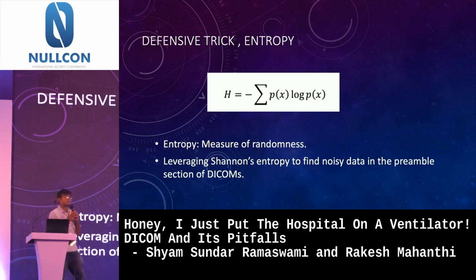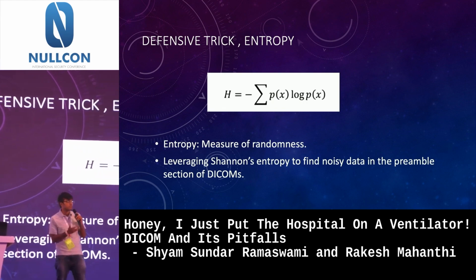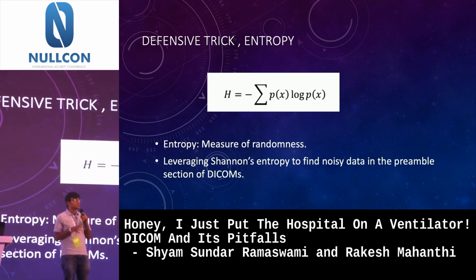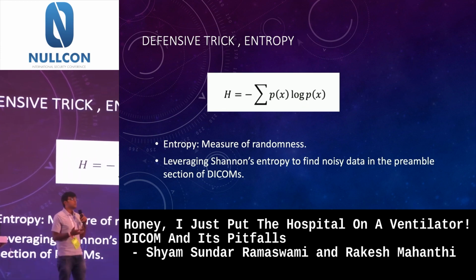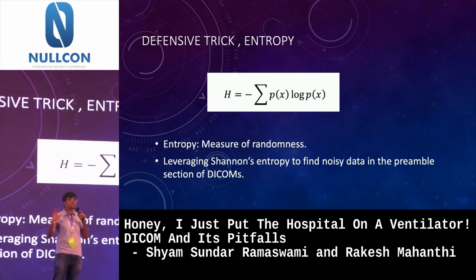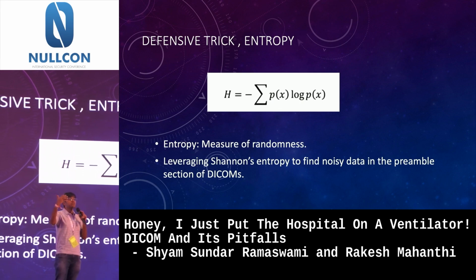So Shyam has given you a perspective of what entropy is from the thermodynamics perspective. But what is Shannon's entropy when you look at it from an information theory perspective? How many of you here know conditional probability? Like, given a certain string, you have to predict what the next string is going to be, right?